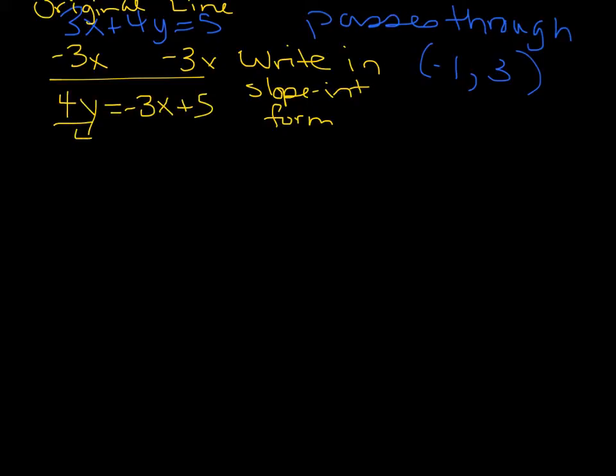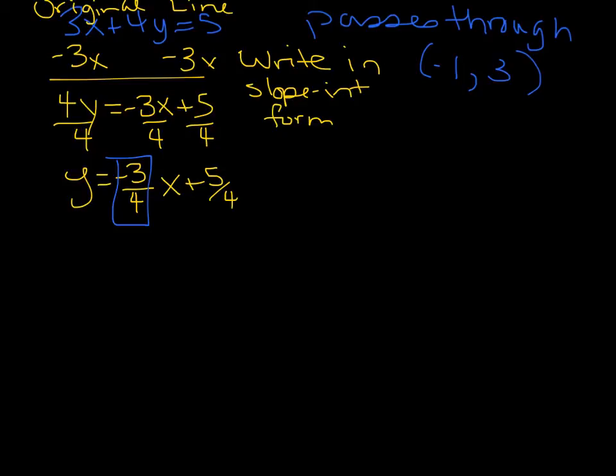I divide both sides by 4, which gives me y equals -3/4 x plus 5/4. Now, in this equation, this is still my original line. The only thing in this equation that I care about is this -3/4 x. This 5/4 you can cross out, you don't need it. We don't care about the original line's y-intercept, all we care about is its slope.